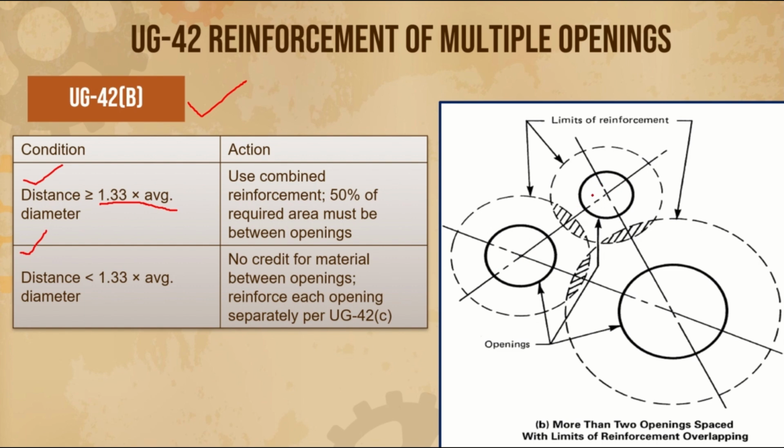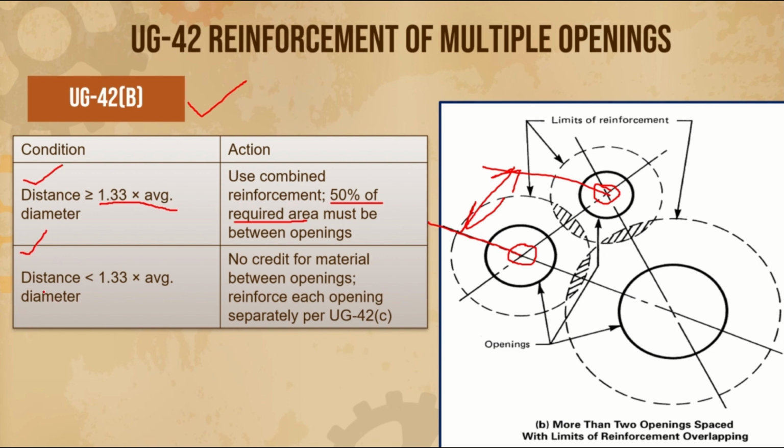For example, if we consider these two centers, and the distance between them is greater than or equal to 1.33 times the average of the two diameters, then the area of reinforcement between the two openings shall be at least equal to 50% of the required area. So this is the condition we need to follow if the distance between these two openings or any two openings is greater than or equal to 1.33 times the average diameter of the two openings, guys.